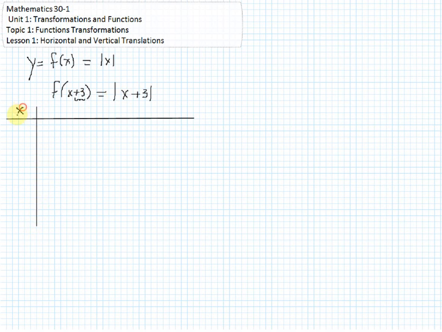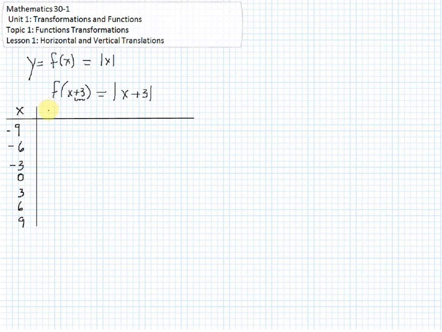So this time we're going to need to use slightly different x values because the translation is different. So we're going to start with -9, -6, -3, 0, 3, 6, and 9.